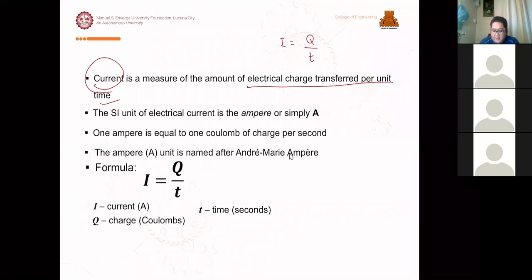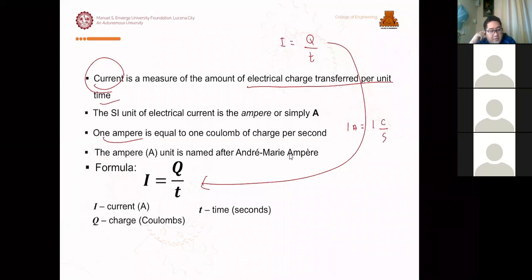This is the formula used for it. The SI unit used for it is the ampere, or simply A. 1 ampere is equal to 1 coulomb per second. So when you see the unit ampere, you can also write it as coulomb per second. The ampere is named after Andre Marie Ampere.